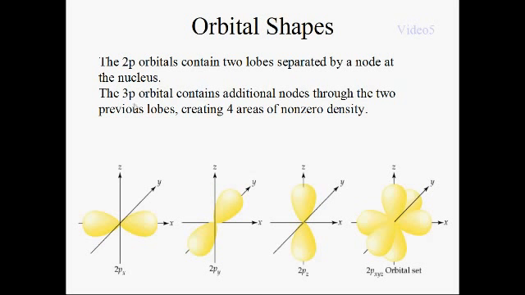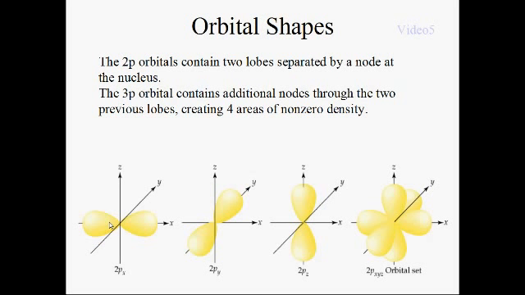When we go up to 3p, we're going to get a double lobe on each side of this. And in between those is going to be a node. So for each orbital, we're going to have 4 lobes and 3 nodes.